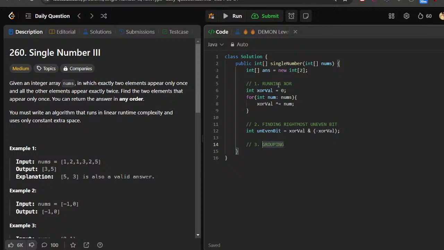Grouping. Third and fourth also, maintaining what we are maintaining: result value by XOR operation.